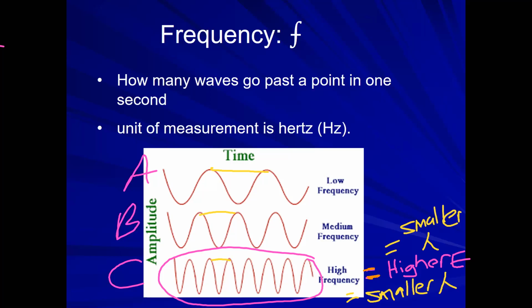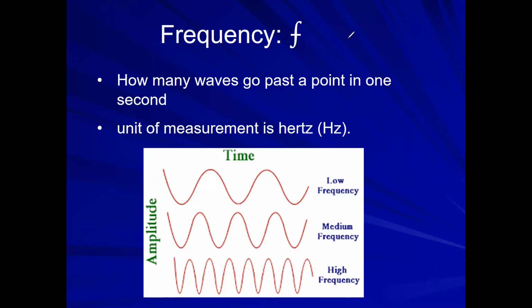So that's a good thing to have in your notes to understand that relationship: if I increase in frequency, I'm going to increase my energy, but my wavelength is going to do the opposite. It's going to get lower. Okay. Excellent. The other thing is the unit of measure is the hertz.